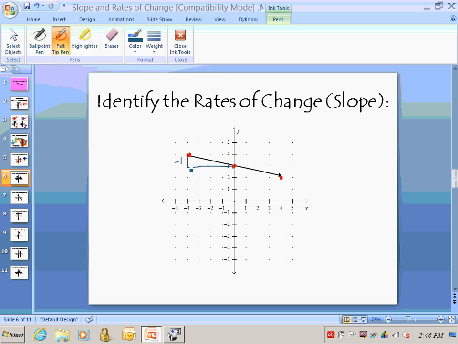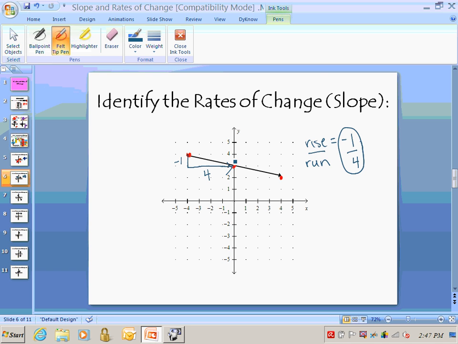My run is 1, 2, 3, 4. So it's 4. Your run's always going to be positive because you're always running forwards like you read a book. So rise is negative 1 over my run, which is 4. So the slope of my line is going to be negative 1/4.